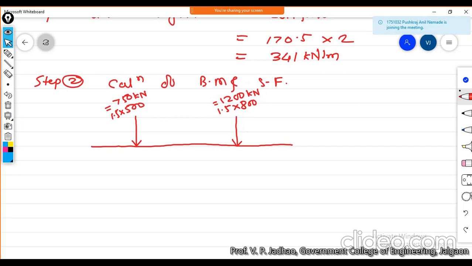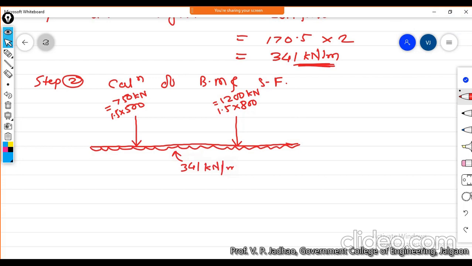Now there is some upward soil pressure acting along the length of the footing, equal to 341 kilonewton per meter. So we apply the upward soil pressure of 341 kilonewton per meter. This projection A1, we already know, is 0.4 meter.